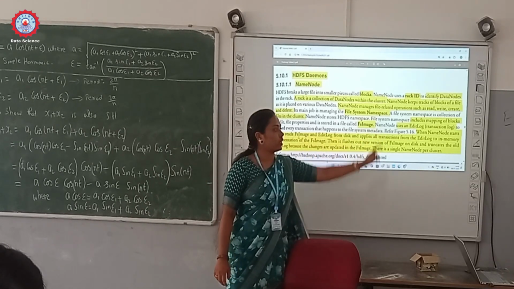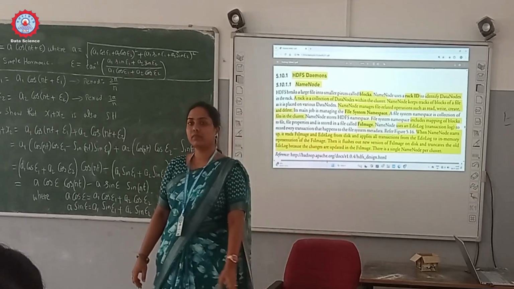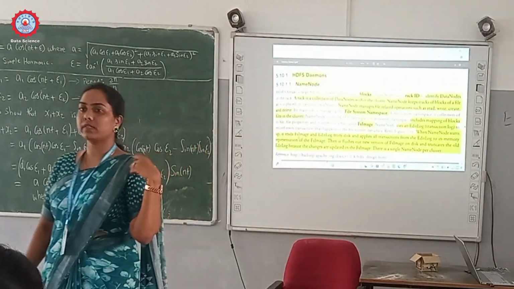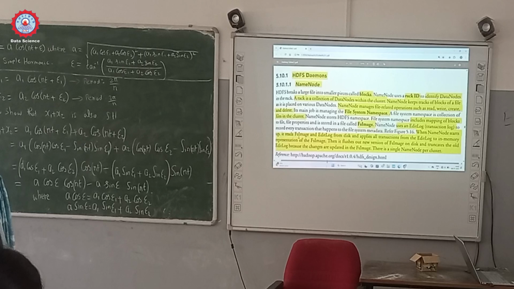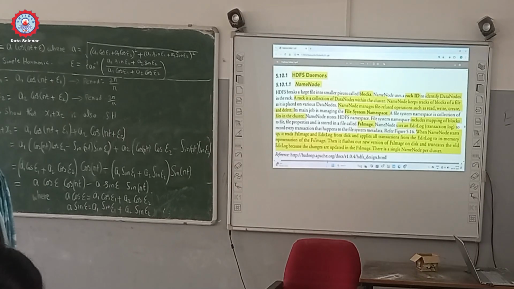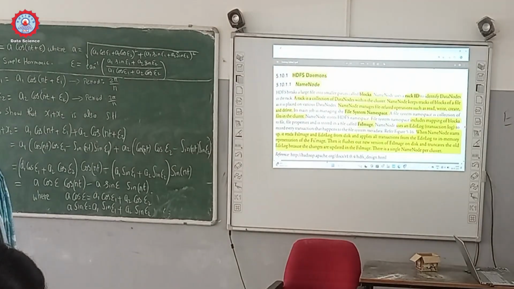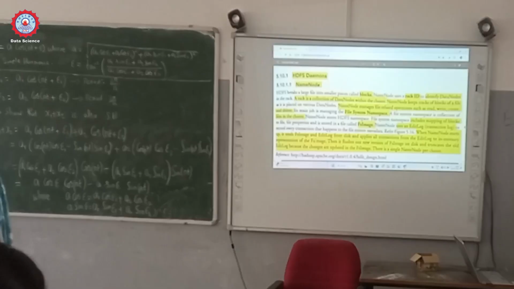So it uses an edit log. Edit log, as it is mentioned there in the bracket, is a transaction log. I mentioned the log file initially. What is a log file? Transaction log file.